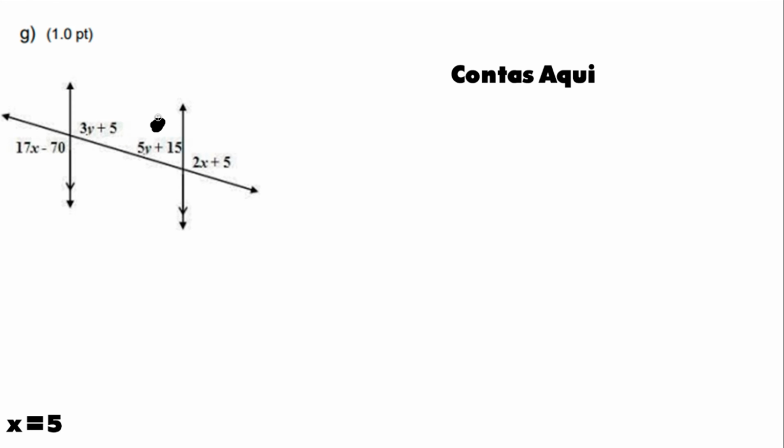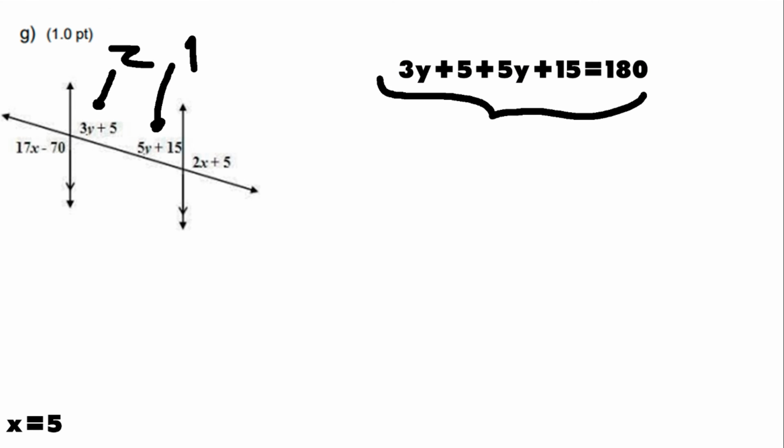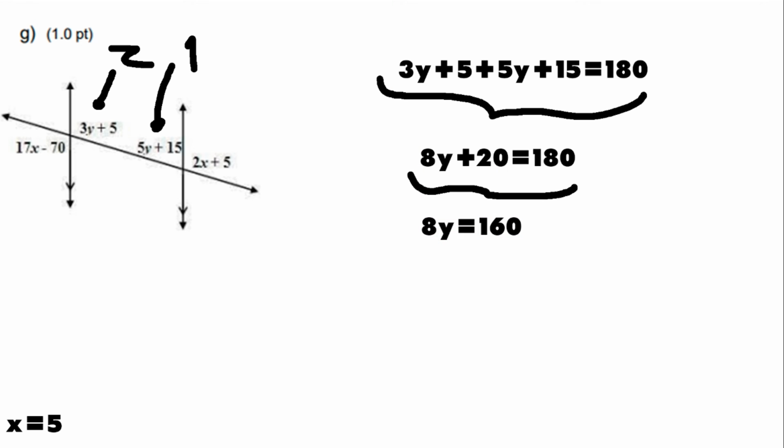You can see that this angle, which we're going to call angle 1, since we already finished these two angles, and this angle, angle 2, have a supplementary relationship because they are same side interior. So essentially all we have to do here is set up the equation and solve it.